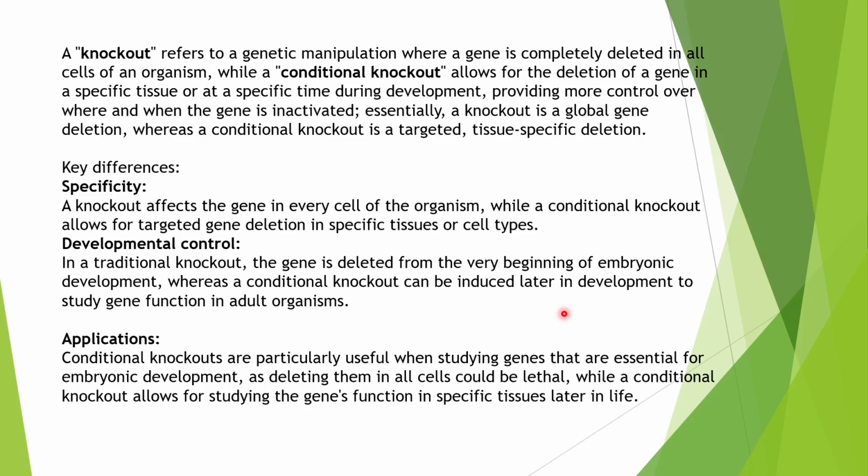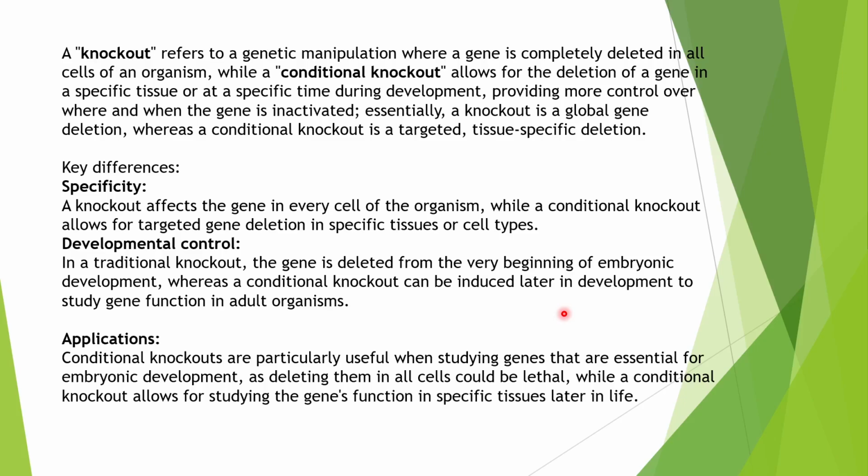Essentially, a knockout is a global gene deletion, global on the whole, whereas a conditional knockout is a targeted tissue specific deletion. So, this is the major difference between a normal, general, complete knockout and a conditional knockout. Complete knockout is global gene deletion everywhere and all the time. Once deleted, it's deleted.